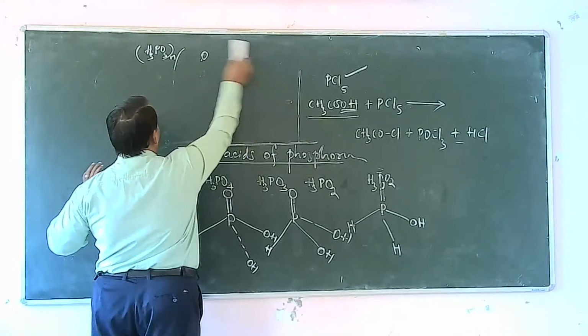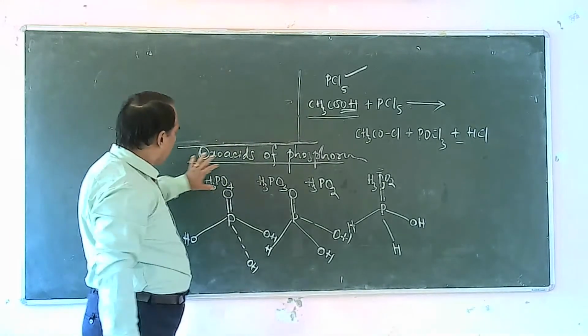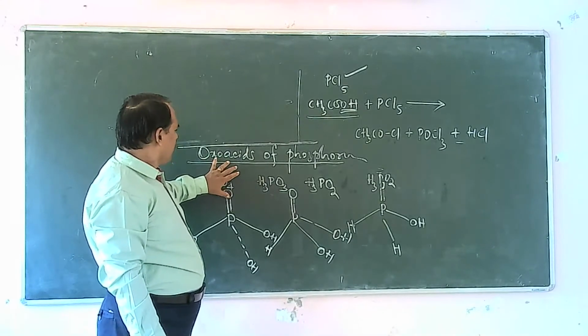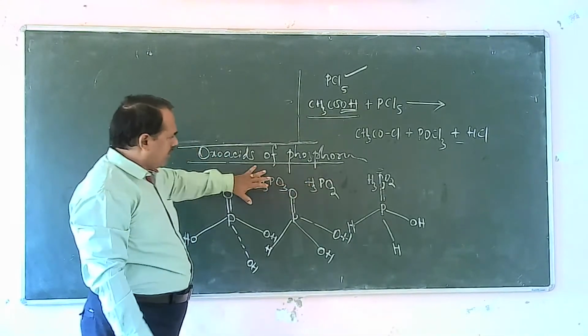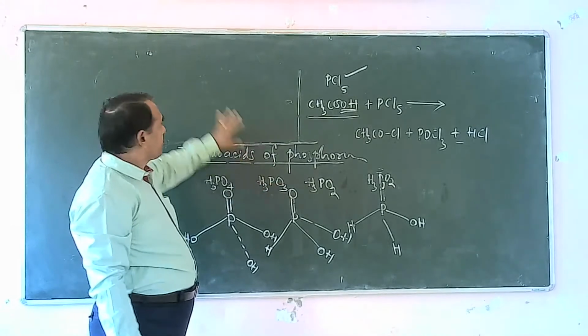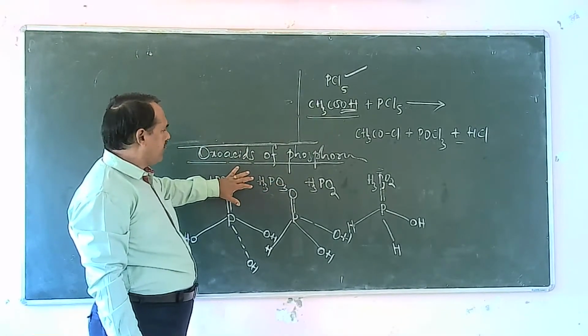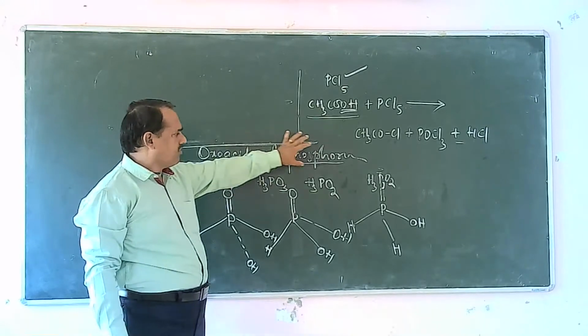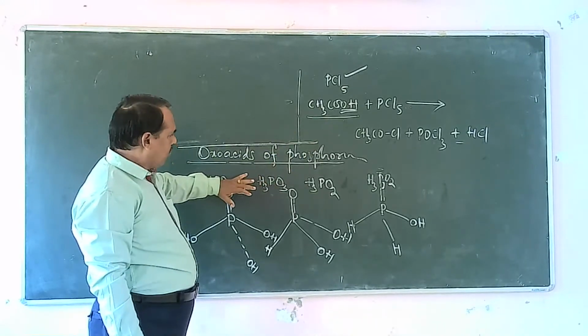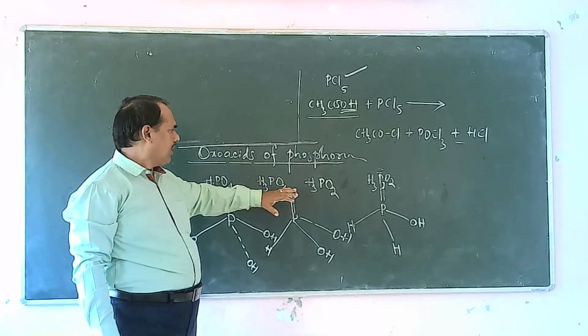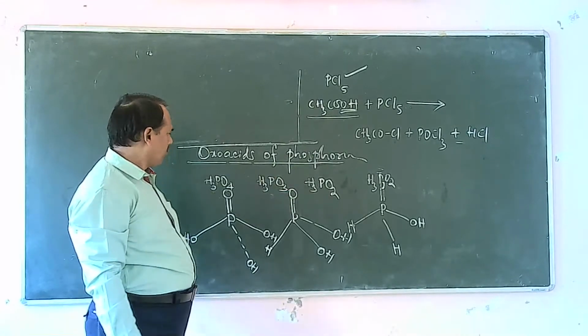We shall continue with that discussion in the next class. Are you clear now? So I wrote only the 3 structures here. Other structures we shall study in the next class, and some of the chemistry behind these oxoacids of phosphorus. I told you today only 3 acids and their structures.